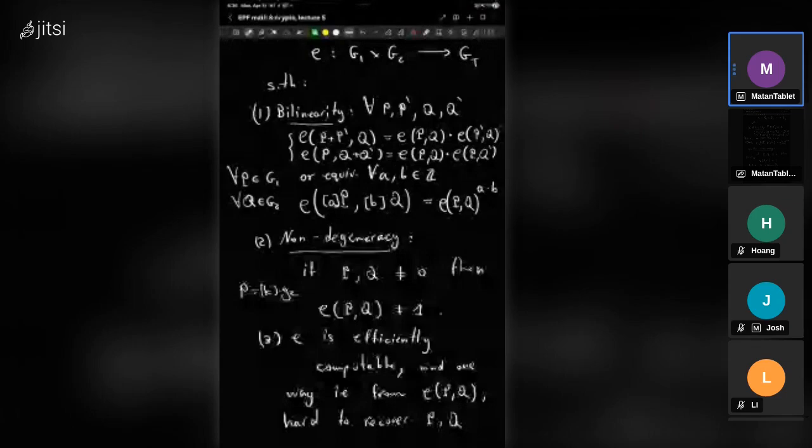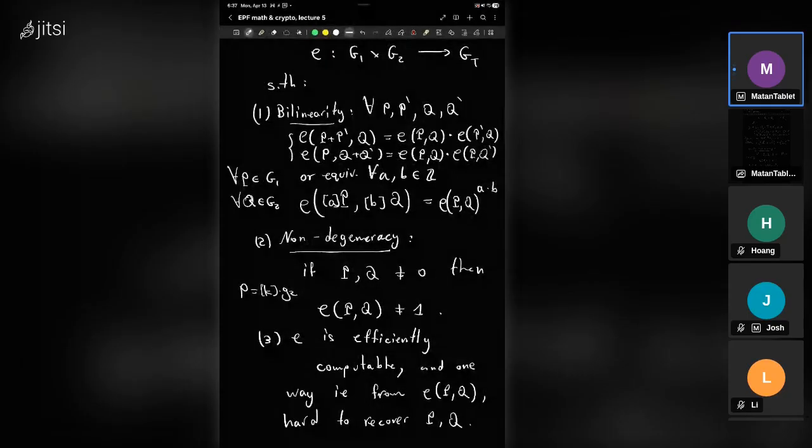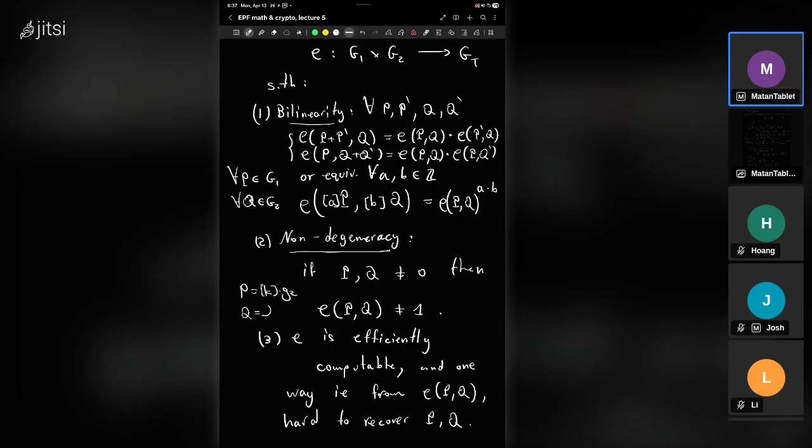So suppose you had just two points, P and Q, that are not zero, and whose pairing is equal to 1. Then I write P as k times the generator, right? And Q as l times the, let's say P is in G1, so let's say k times the generator of G1, and Q is l times the generator of G2.